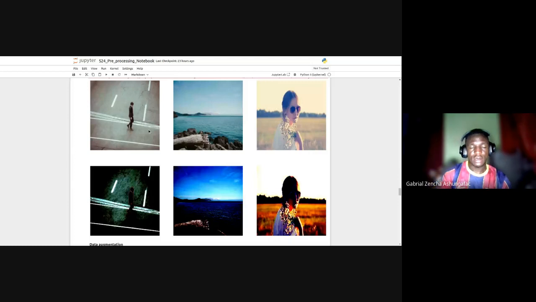After calculating the mean, we're going to make use of PyTorch Torchvision transforms. And here we're applying the normalize transform, which means we want to normalize all our data using the mean and standard deviation which we calculated above. So here we apply the normalization transform and we get this result.